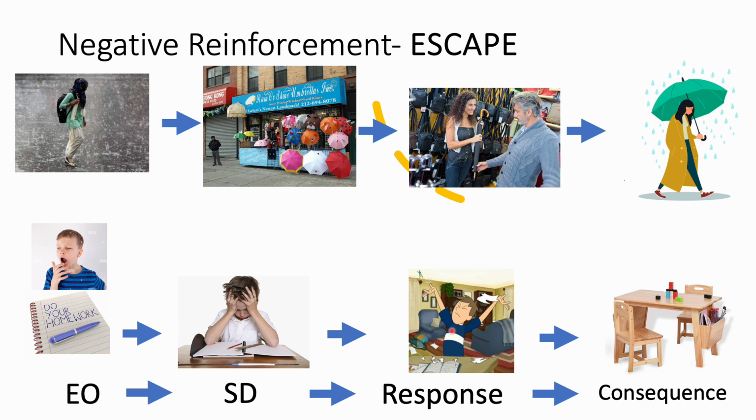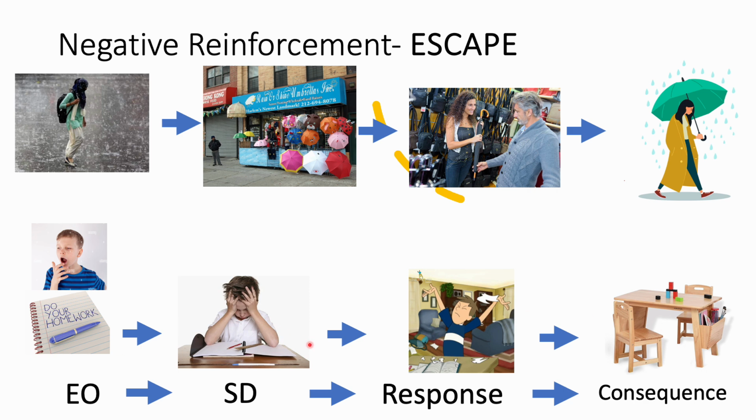Some people traditionally have taught something that we call escape extinction. If you guys recall, extinction is when you withhold reinforcement. So if in this particular case reinforcement is not having to complete the task, well, withholding reinforcement in this case would be withholding escape. So that's what escape extinction is.